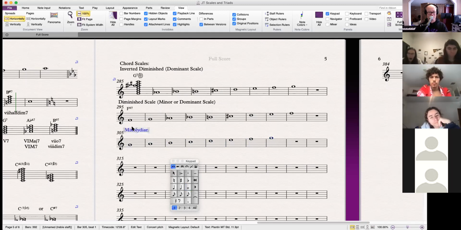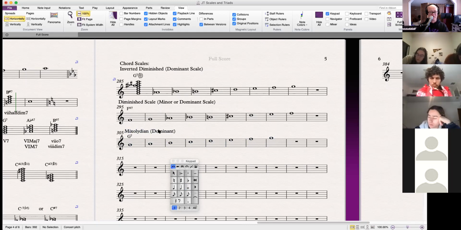G Mixolydian is the 5th mode of C. So the corresponding chord is G7. So this is a dominant scale as well. Mixolydian is a dominant scale.